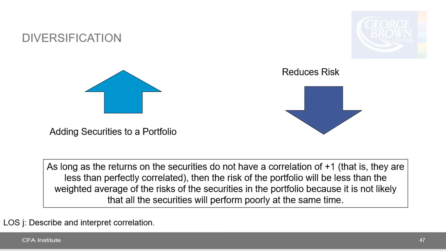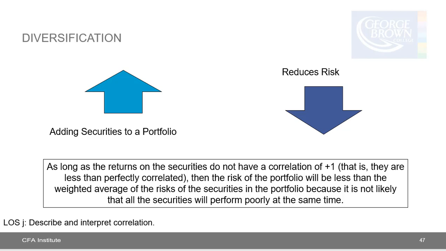Okay, this slide is looking at correlation and its role in diversification. So correlation is important in investing because the rise or fall in value of a variable may help predict the rise or fall in the value of another variable. When two or more securities that are not perfectly correlated are combined in a portfolio, there is normally a reduction in risk, measured by the portfolio's standard deviation of returns.